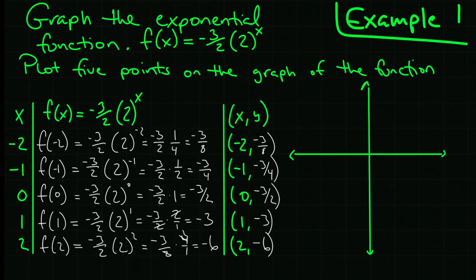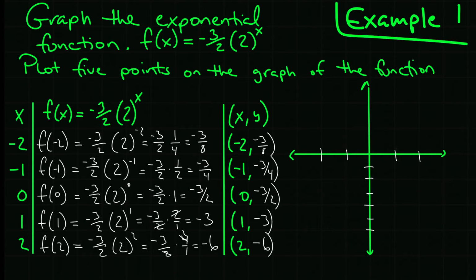So those are my 5 points that I need to plot. So we have -2, -1, 0, 1, and 2. And then we need to go down to -6. So we have 1, 2, 3, 4, 5, and 6.